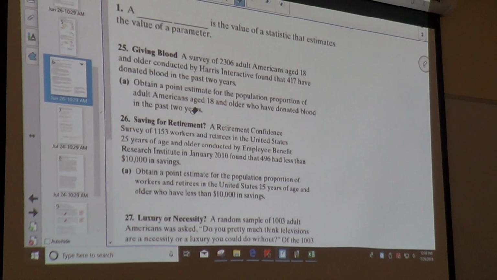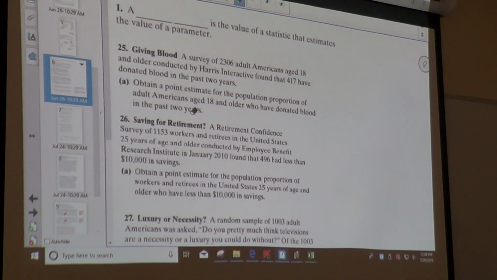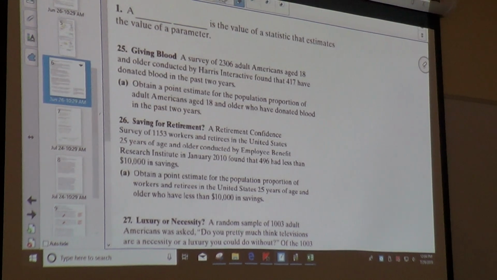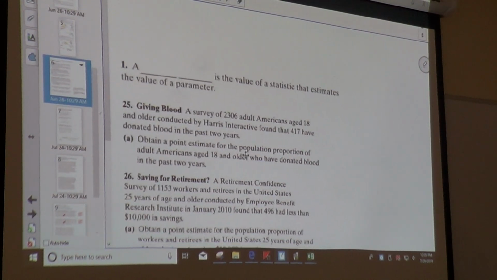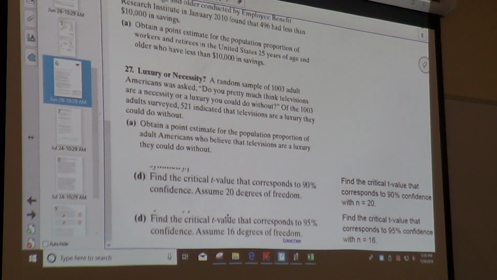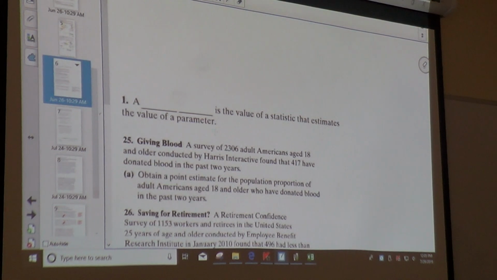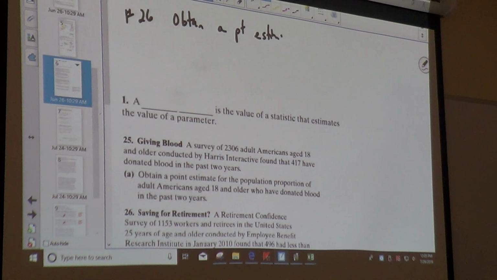All right, that was 25. Number 26 says, move it down so that I can write. Oops, need to move that. Number 26 says obtain a point estimate for p-hat.